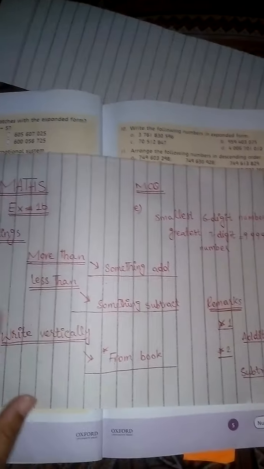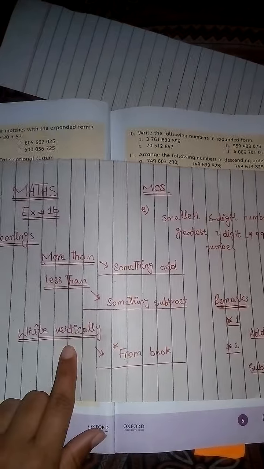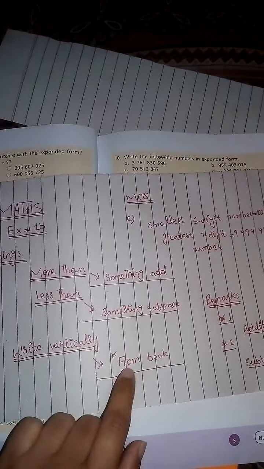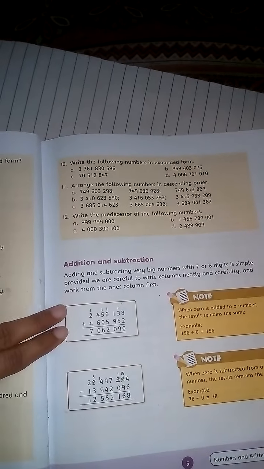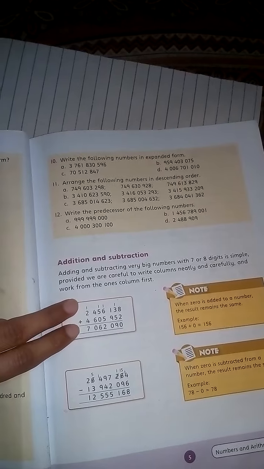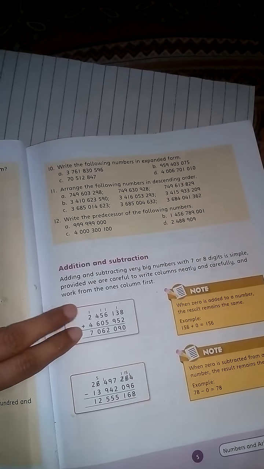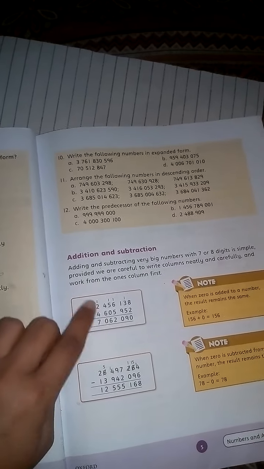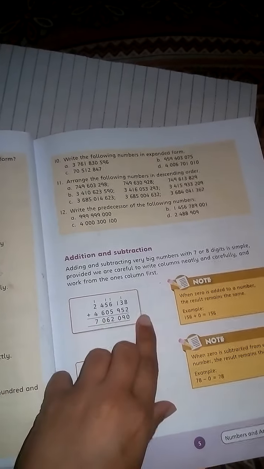Now, what is the meaning of "write vertically"? From your book it is easy to see. There are two rows and an operator, which is addition. They add these two numbers and get the answer.